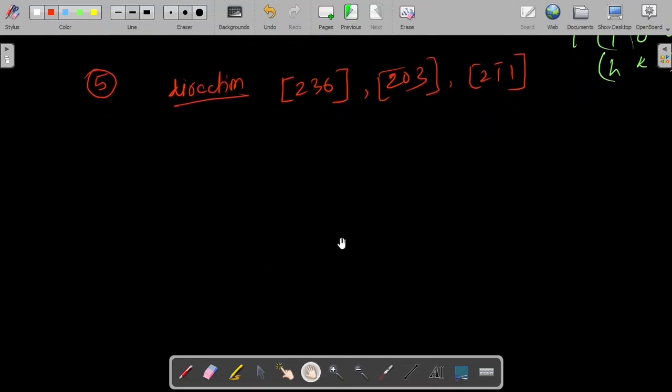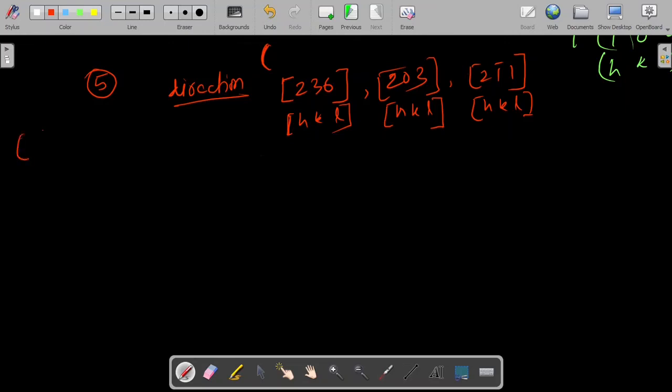So first, direction having HKL values, HKL. So these are, remember, the square brackets. For the plane you have the braces or the simple first bracket, and these are the third bracket, right?